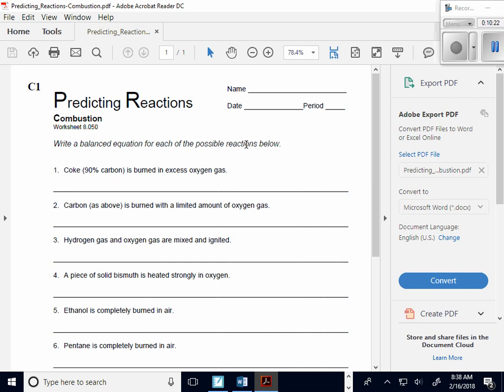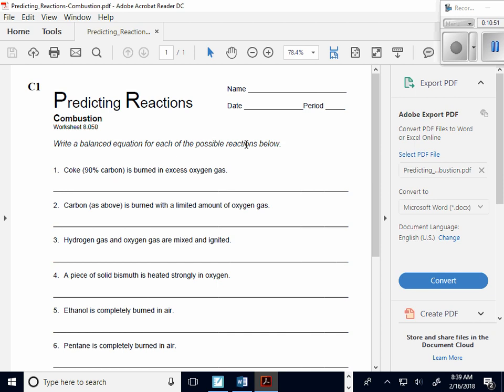Now, look at the second one. It says carbon, the same as above, is burned with a limited amount of oxygen. When we have a limited amount of oxygen, the product is going to be carbon monoxide. So, those first two, there's carbon and oxygen reacting to give you two different products.